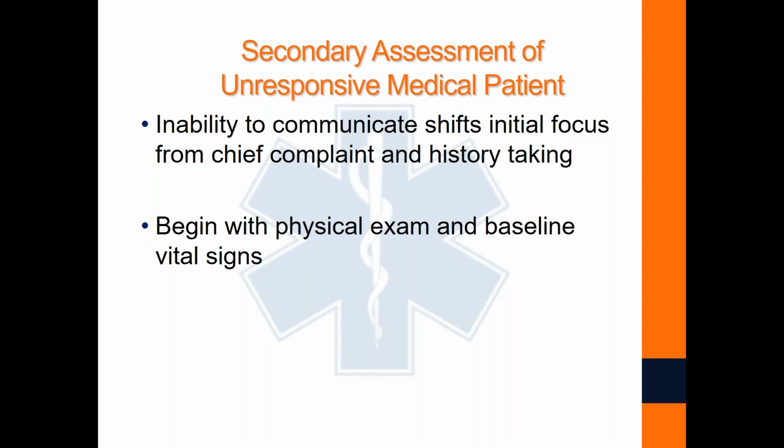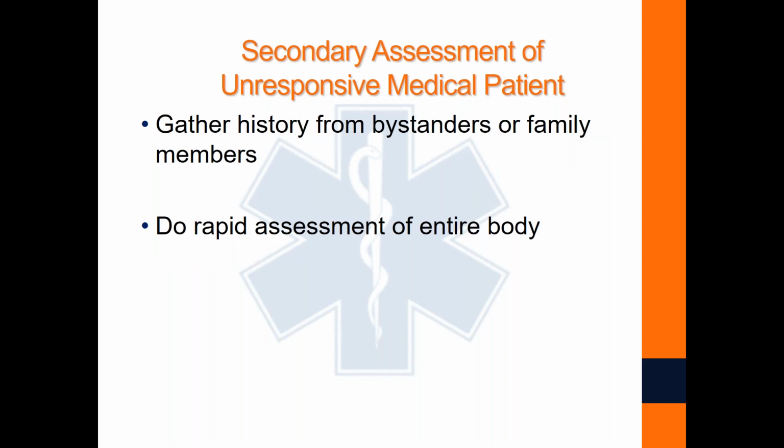The chief complaint, to the best of my knowledge at that point, is unresponsive person. I don't have any more information. My patient's not speaking to me because they're unresponsive, so I don't have the ability to get any more information from that person. But what I can do is ask any bystanders or any family or anybody who is with that patient some of those OPQRST and SAMPLE questions.